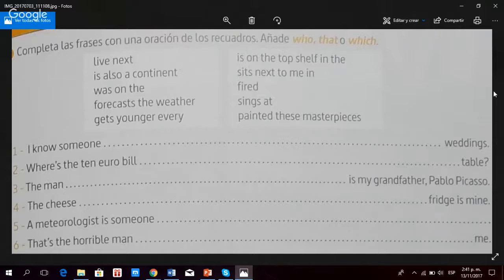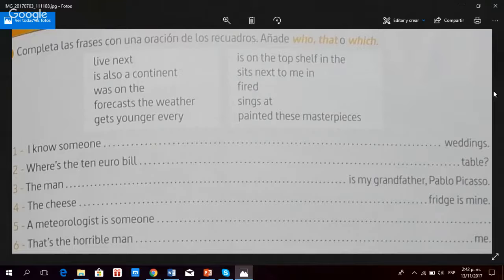Yes, with who? Yes. The cheese. Okay, free cheese, mine. The cheese, which or that?